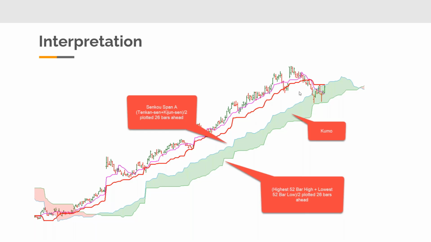So this is just the midpoint of these two lines, but plotted into the future. If you look at the end here, it's exactly in the middle because we're just looking at the midpoint of these two lines, projected into the future.